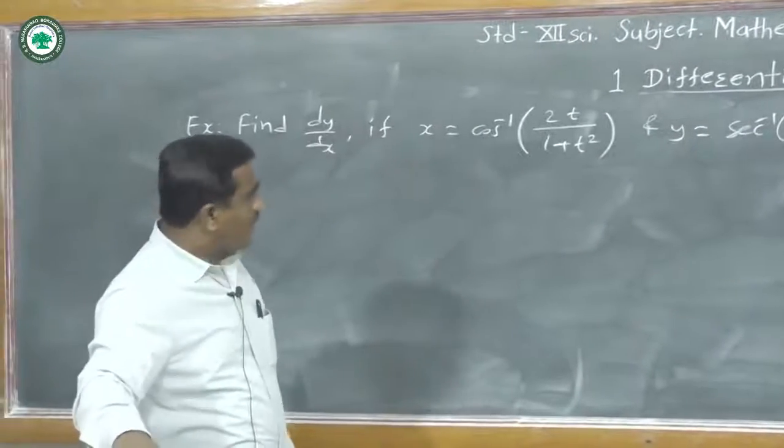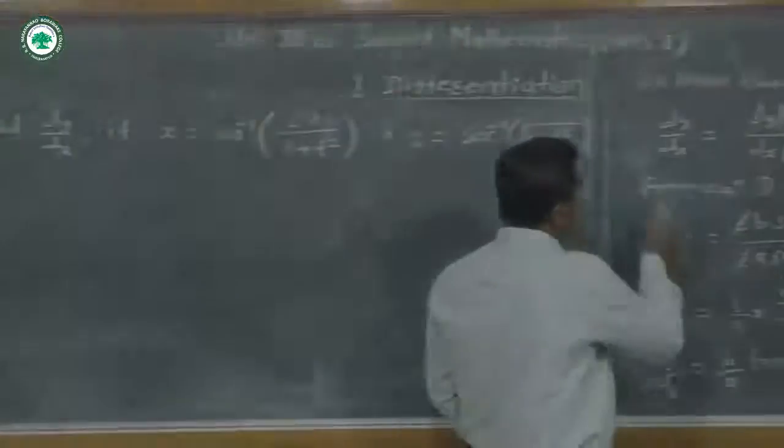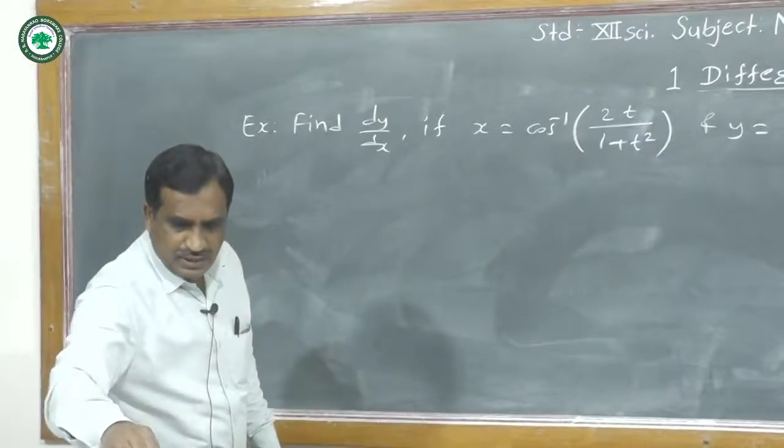Now we have to find dy by dx using these two functions, x equal to and y equal to. Now we see the answer for this.